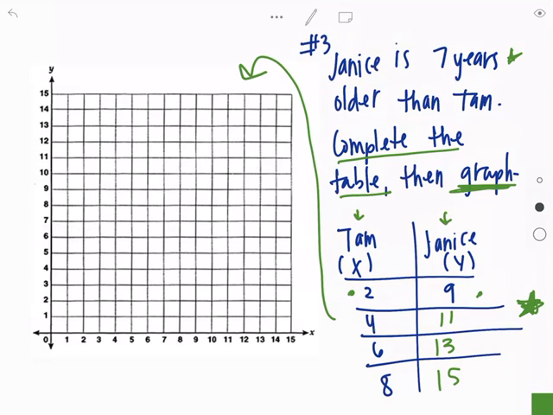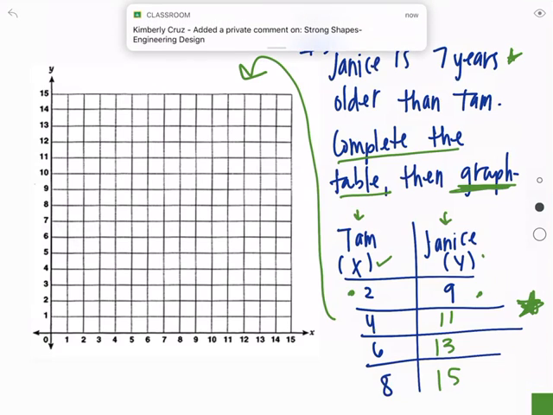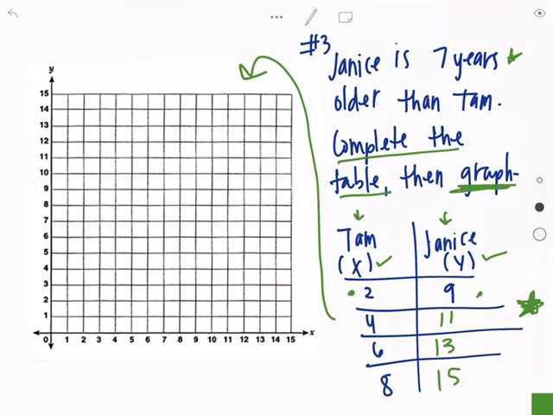So when x is 2, notice that it's already given for you. When x is 2, y is 9. So you have to look for x here at 2, and then at 9 for y, and where the 2 points meet, that's going to be your first point.